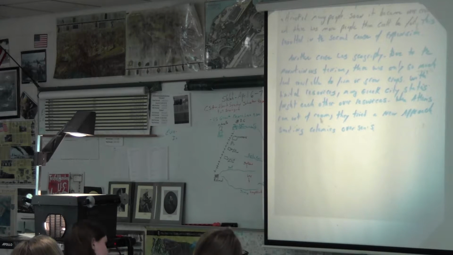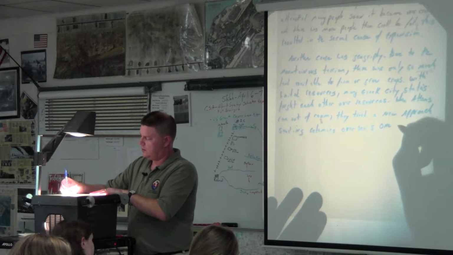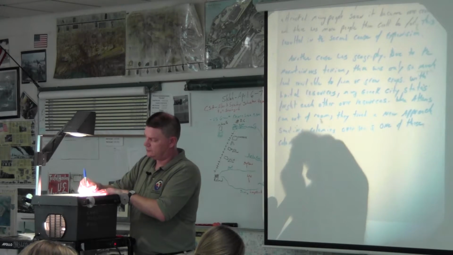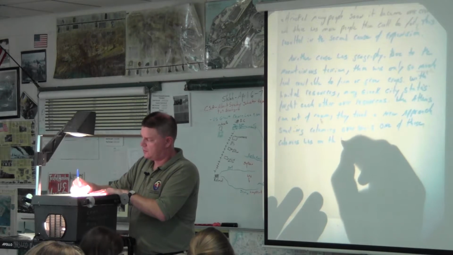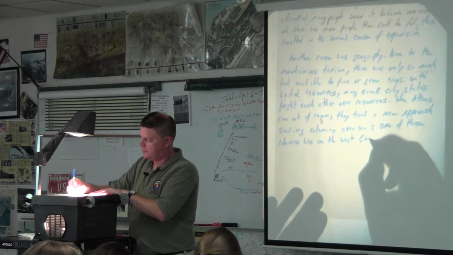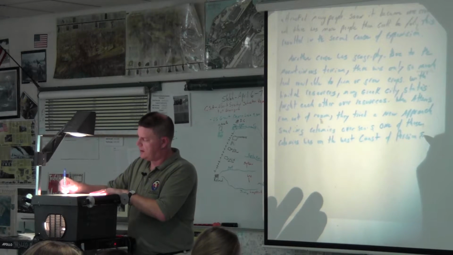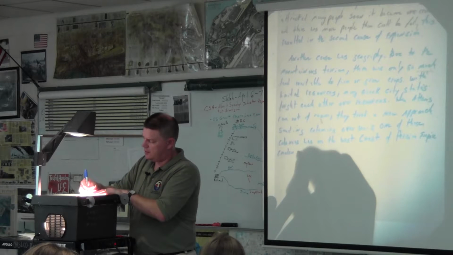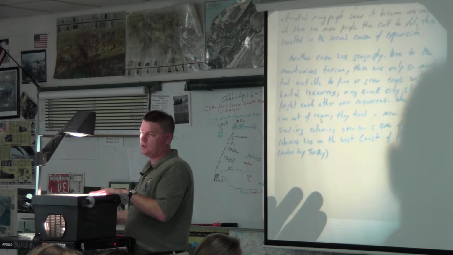Where was one of these colonies? All right. One of these colonies was on the west coast of the Persian Empire, modern-day Turkey.